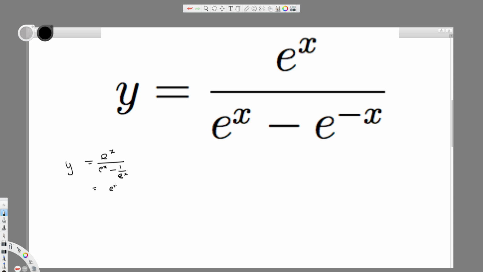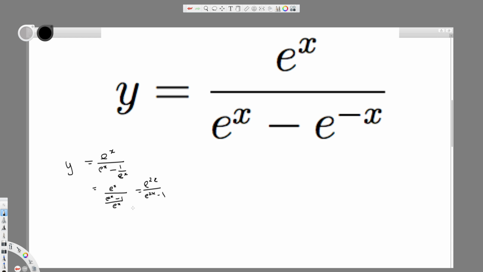So it's going to be e^x over e^2x minus 1 over e^x. So this e^x goes up and it will become e^2x over e^2x minus 1. So this is a better formula to solve everything, right?